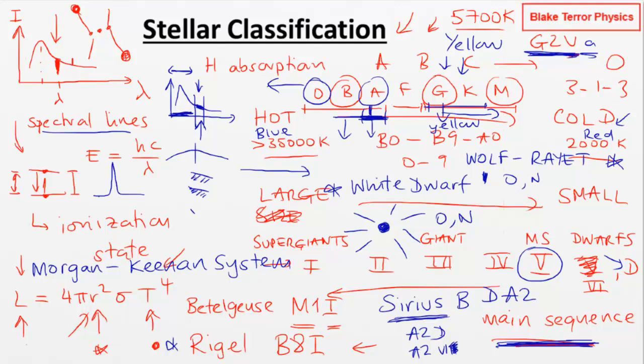And then once we've done that, we can pull together the combination of spectral class, which is essentially a measure of temperature, and luminosity, which is then going to be a measure of temperature and size. And then we're going to see that there is a very strong relationship between luminosity and temperature of stars.